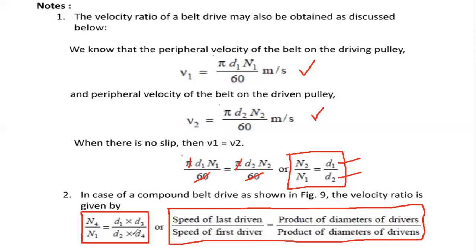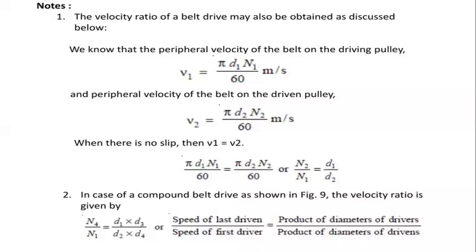So that is for the velocity ratio of the compound belt drive. So this is for the compound belt drives.